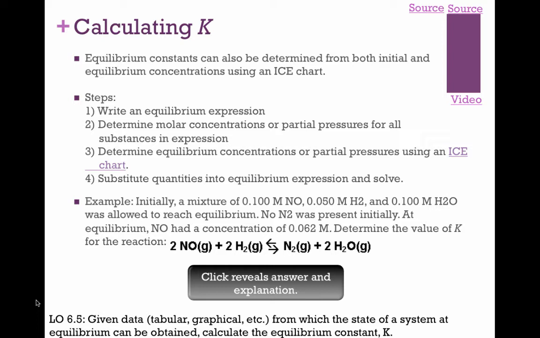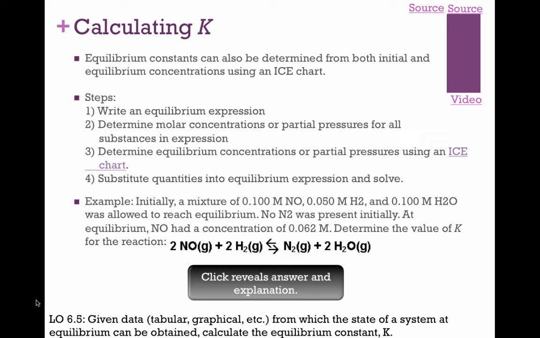Okay, so if they don't give you an amount, assume it's 0, plus it tells you. Okay, so then at equilibrium, NO had a concentration of 0.062. Determine the value of K. Now notice we have coefficients now. So if I did minus, let's say we're just using x's, what would it be for this one? If I was just still using x's, like minus x plus x. Minus 2x minus 2x. Okay, so we're going to plug x's in.